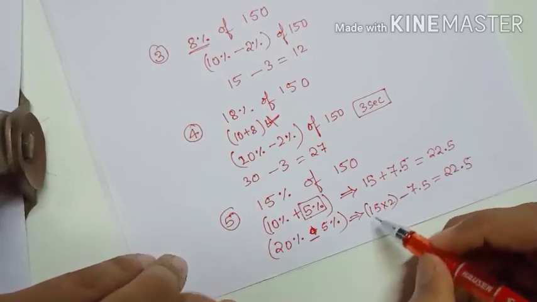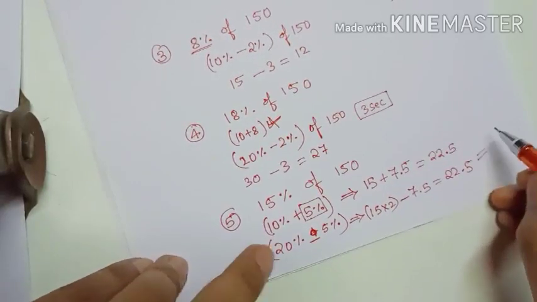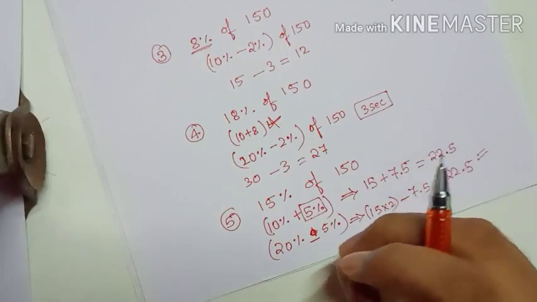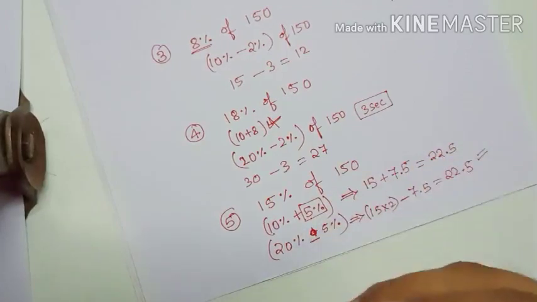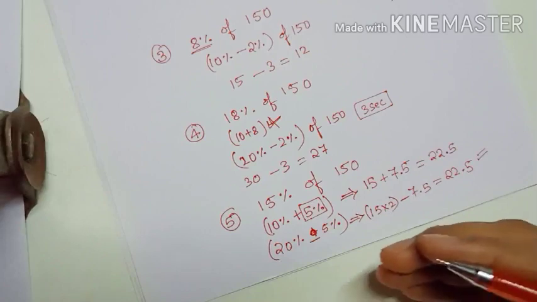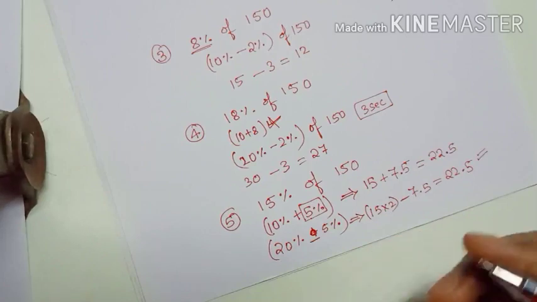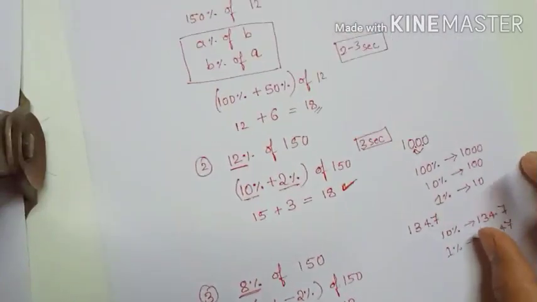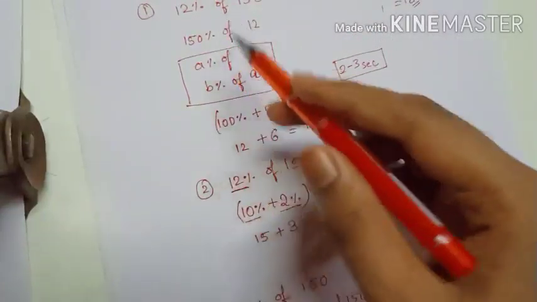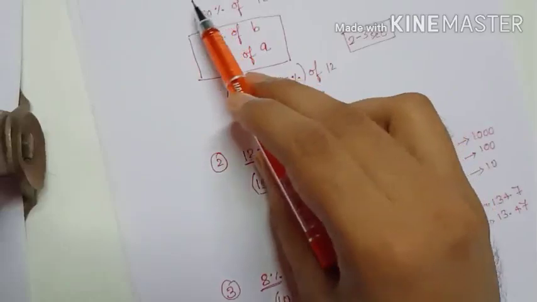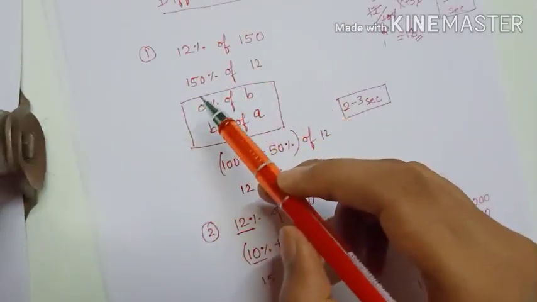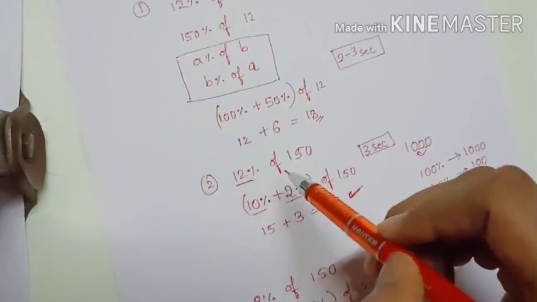But the problem here is it takes more time compared to the first one. So that is why you have to understand which method to go with to solve the problem in less time. This is very important, right? So I hope you got whatever I have told you here. So a few examples. The first one, I took 12% of 150, so we solved it.